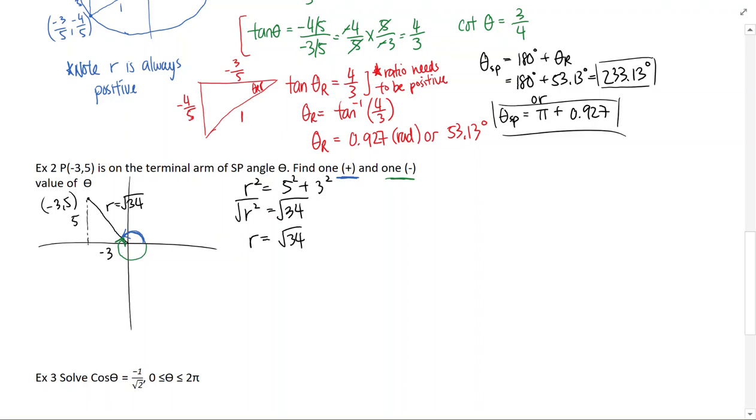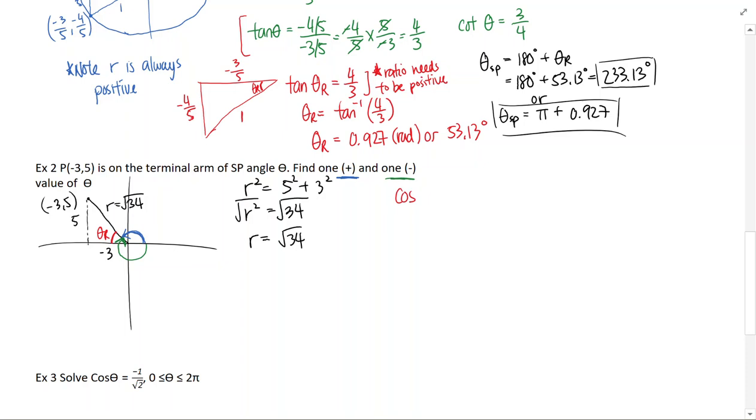But before we can figure that out, we need to find a reference angle so we can make that comparison. In this case, again, you could pick whatever trig ratio you want to find that reference angle. I'm going to pick cosine this time.